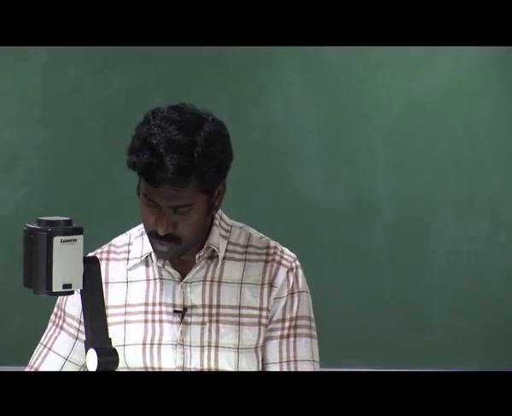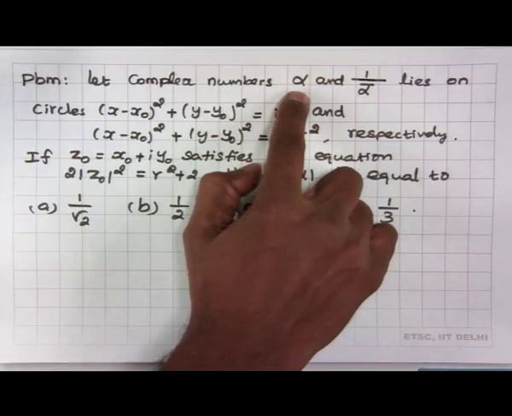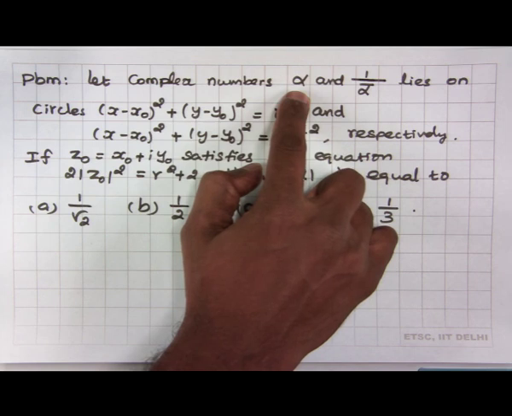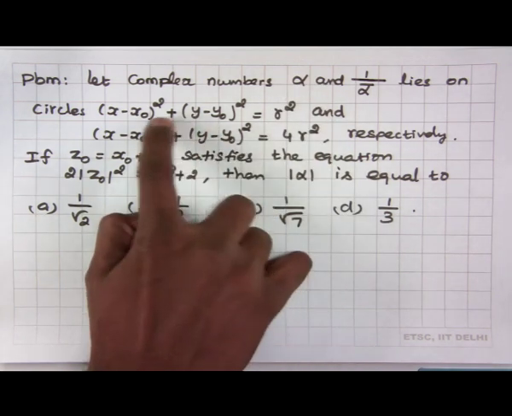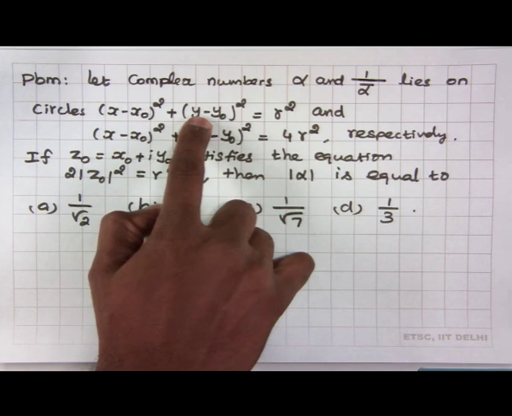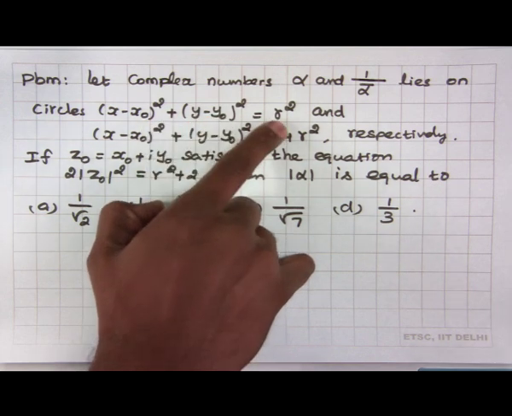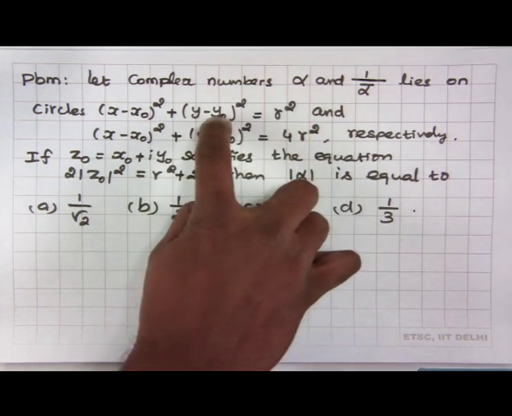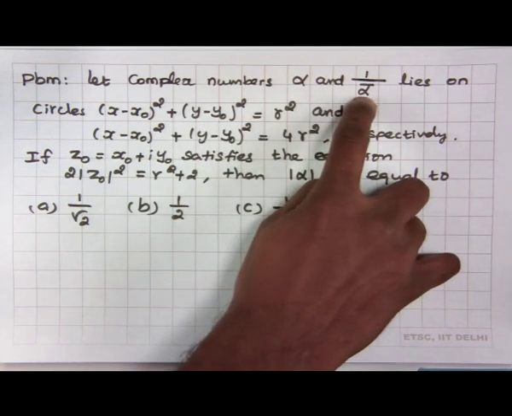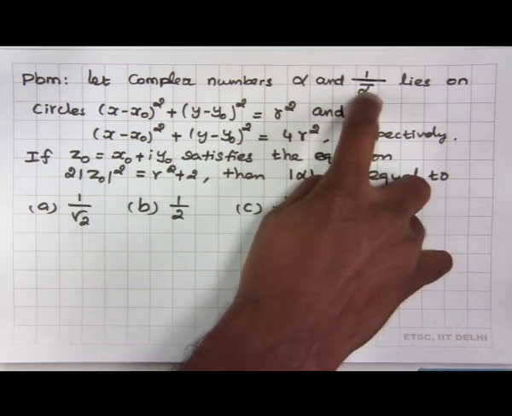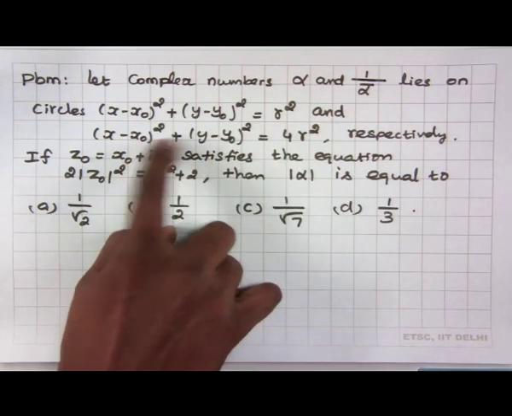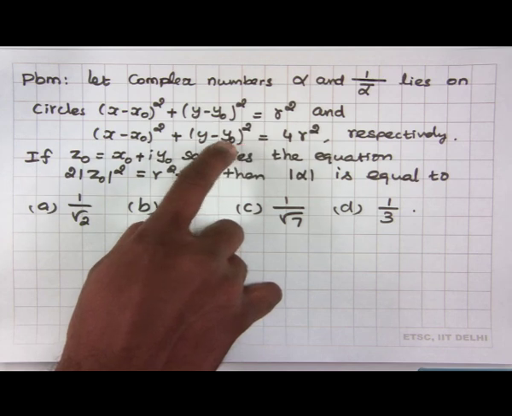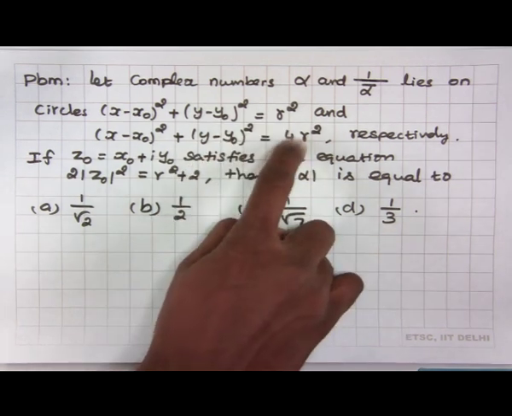And one more exercise: suppose a complex number α lies on this circle, just notice that it is a circle centered at (x₀, y₀) with radius r, and suppose 1 by ᾱ lies on the other circle with the same center but radius 4r².